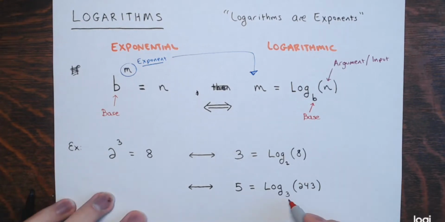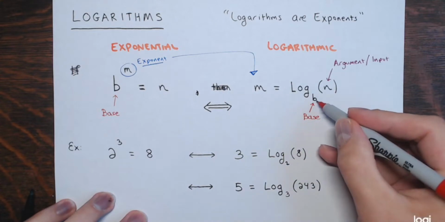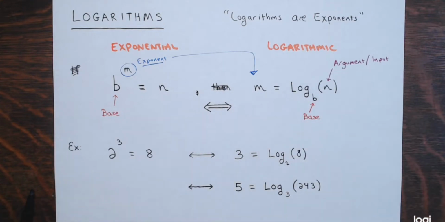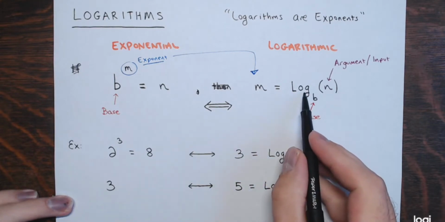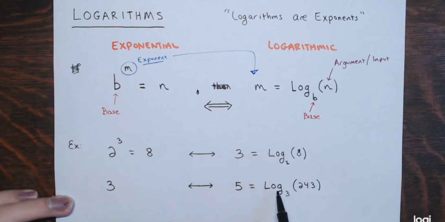Remember, the little number here is the base when you write the exponential form. So the little number 3, that's the base. And then what the log is equal to, the 5 here, is the exponent on that base. So we have 3 to the 5th power is 243.